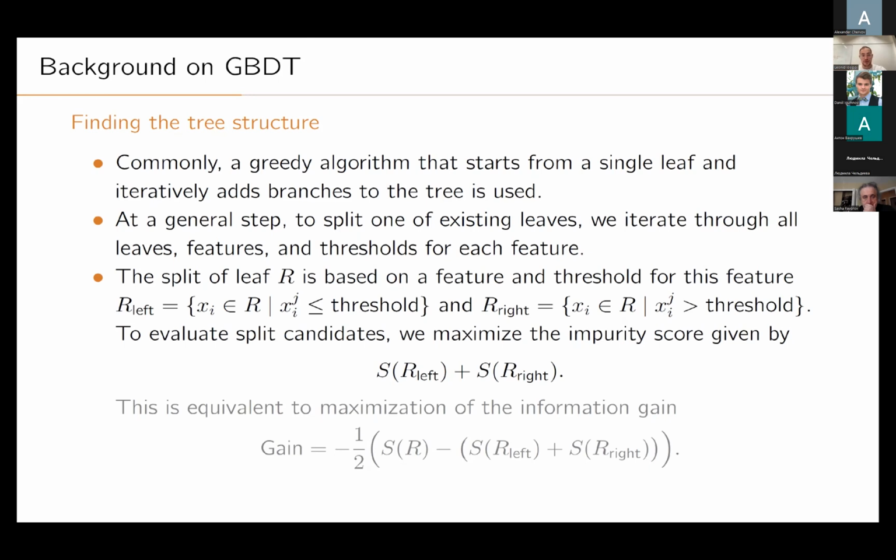I think it's more or less clear that this step is the most computationally expensive, because again we need to iterate through features, thresholds, and all possible leaves, and this is only to make just one split. You can consider this step as the bottleneck of GBDTs in general, no matter what algorithm you use, whether it is GBM, CatBoost or XGBoost.